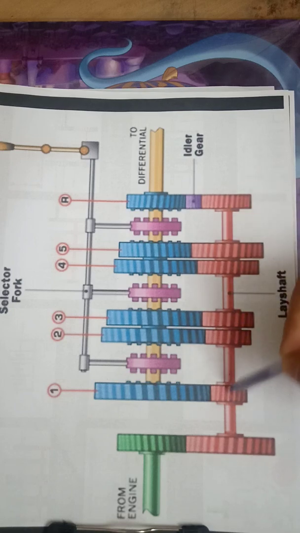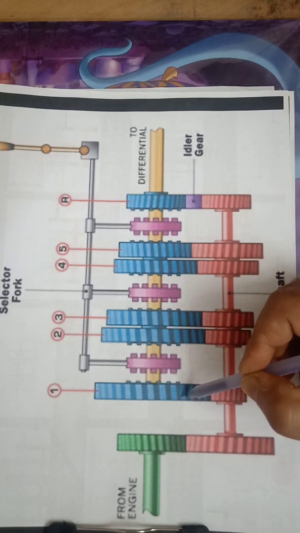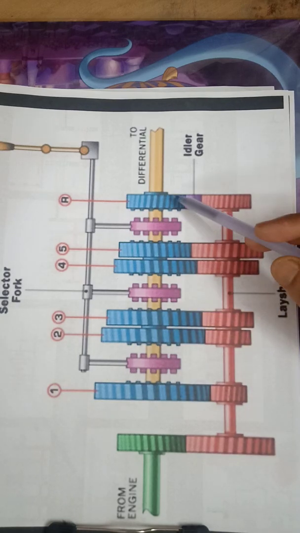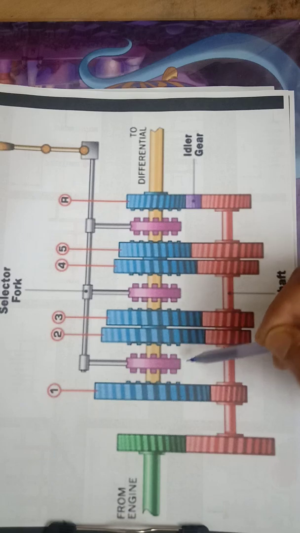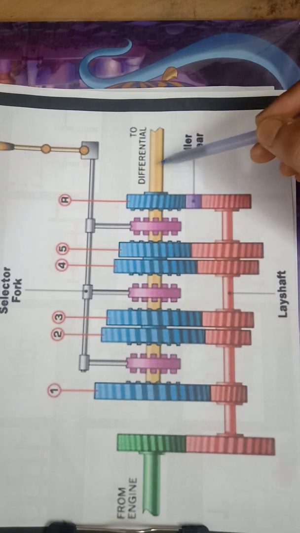These gears on the lay shaft rotate the gears on the main shaft, so all these gears as seen in this diagram will rotate. But the power will not be transmitted to the output shaft.